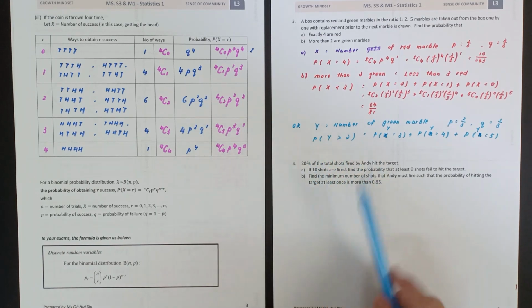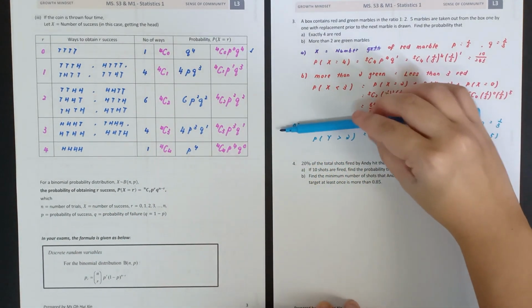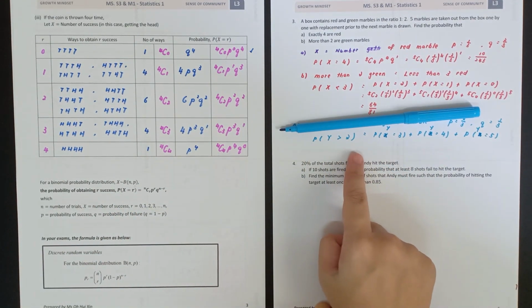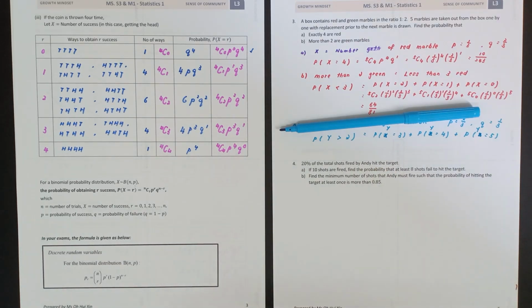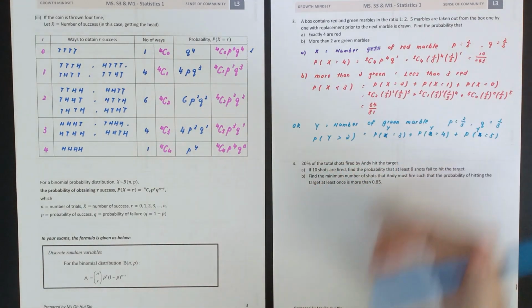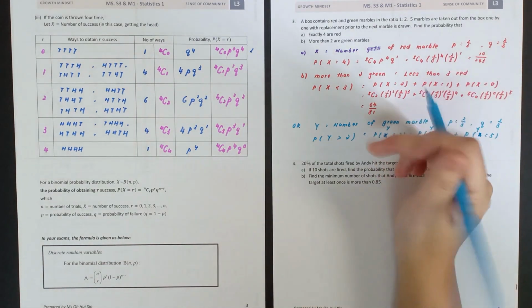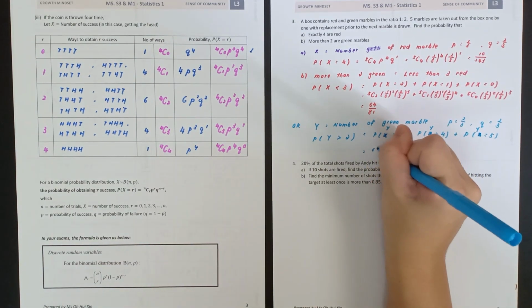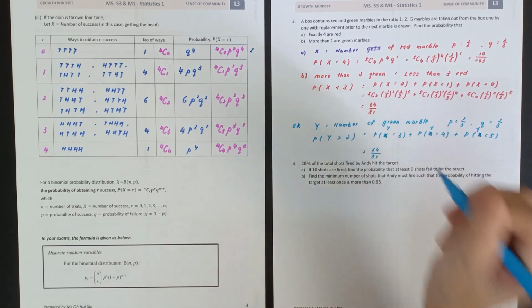Do not write P(Y > 2) without that sentence, because no one knows what you are trying to do. So you need to assign it yourself and state clearly what your X and Y mean, and only then continue your working. Both can be accepted, and you should get the same answer, so you can try it out on your own.